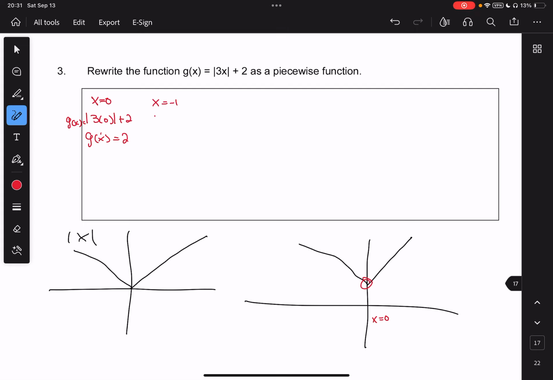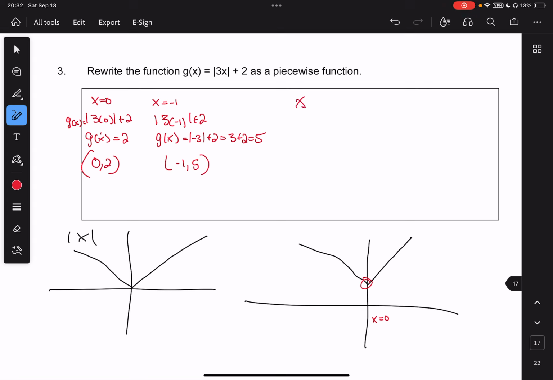Well, when x is -1, we have the absolute value of 3 times -1 plus 2. So our g of x is equal to negative 3 plus 2, which is 3 plus 2, or 5. So we have 0, 2, and the next one we have is negative 1, 5.